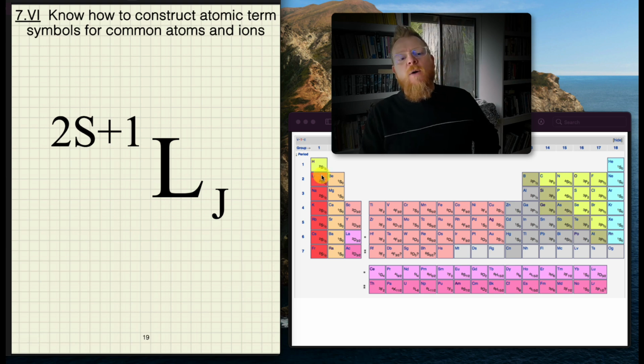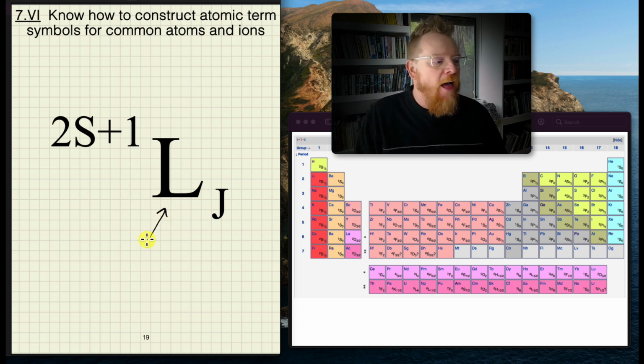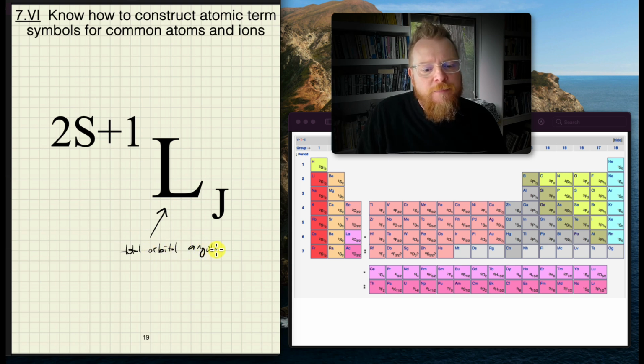So here is how our term symbol is constructed. First, this big capital L is our main term, and that gives us our total orbital angular momentum. And of course, that's a quantum number.